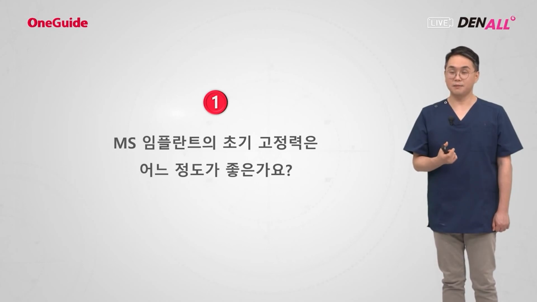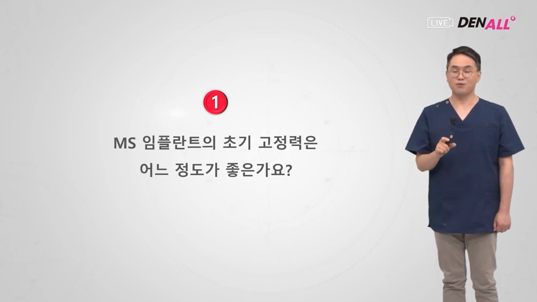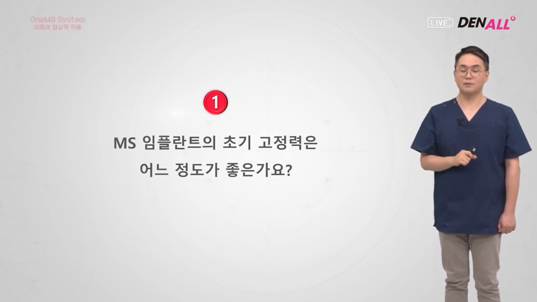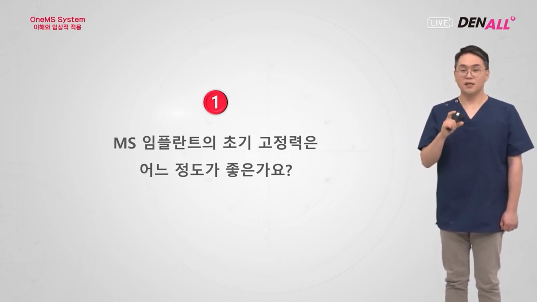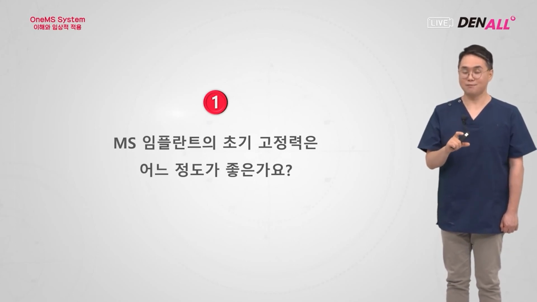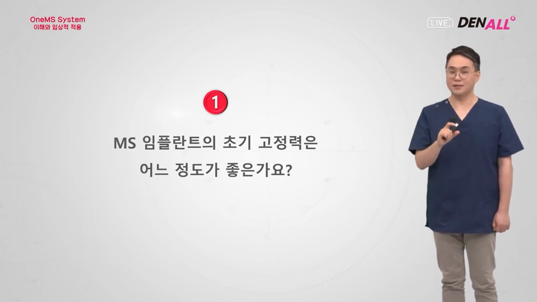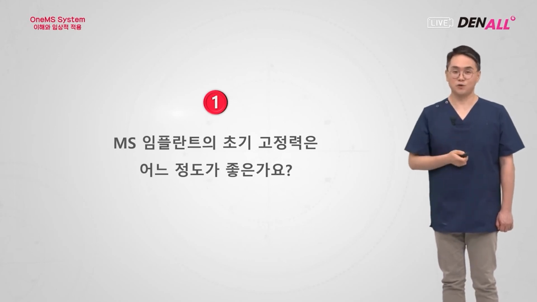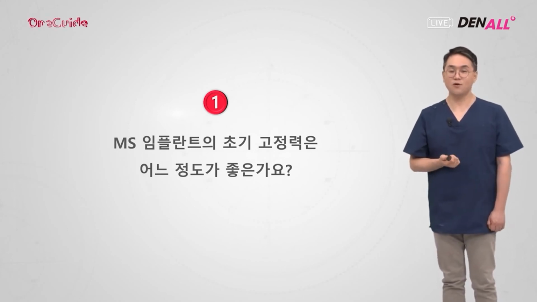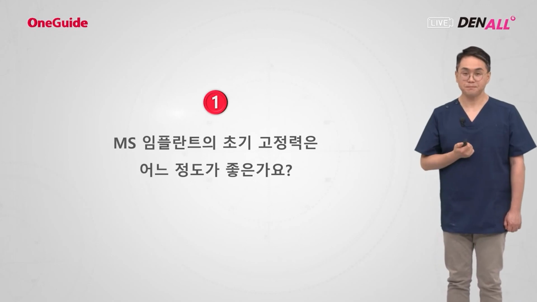So for a 2.5 implant, I drill up to 1.8. Using the depth, I control initial stability. For a 10 millimeter MS implant, the drilling depth will be about 8.5, and using the remaining 1.5, I try to secure initial stability, because after placing an MS implant you usually have to do immediate loading.